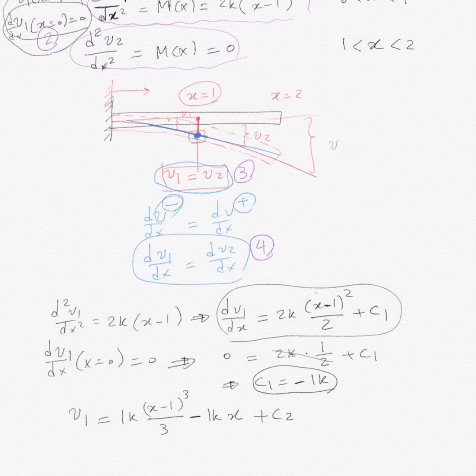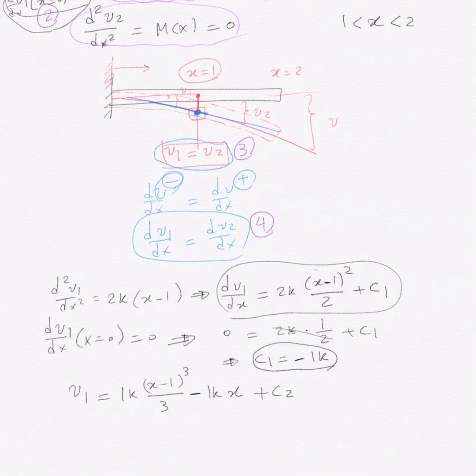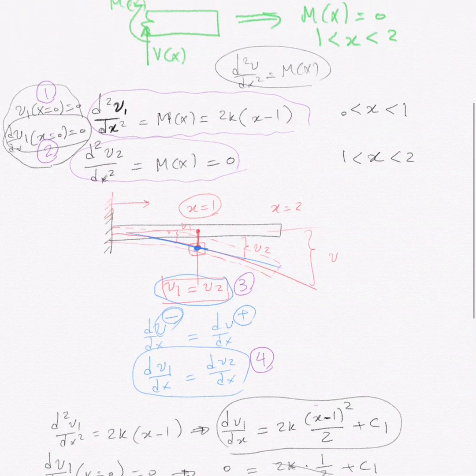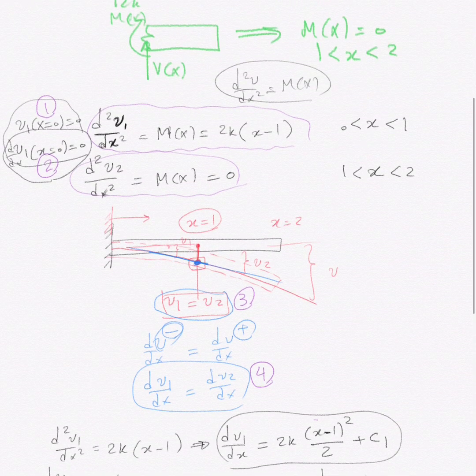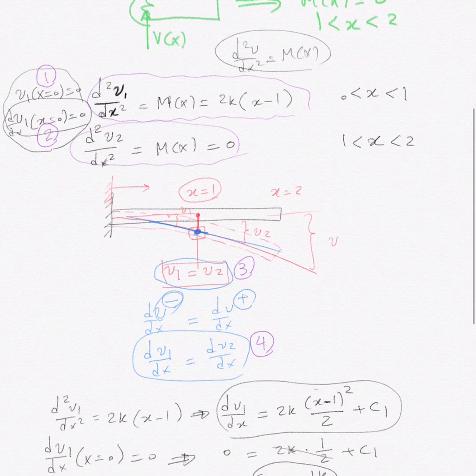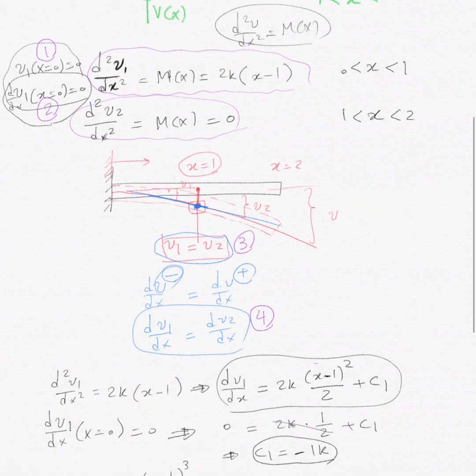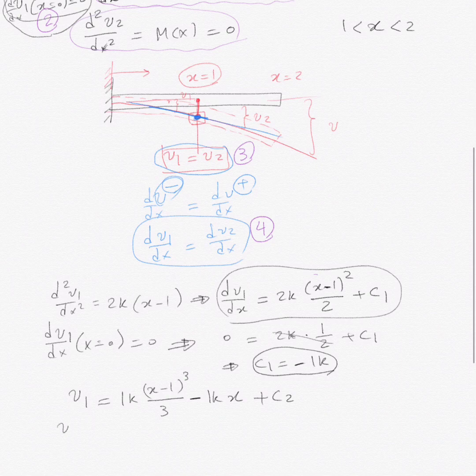Okay, and how can I find c2? Well, go back to this equation number 1 here. Boundary condition number 1 says v1 at x equal to 0 is equal to 0. So let's apply this condition.